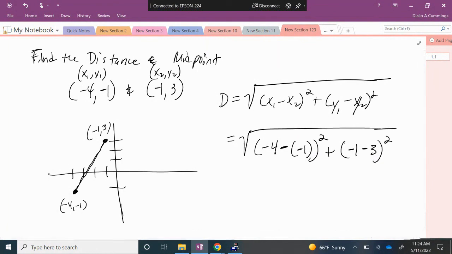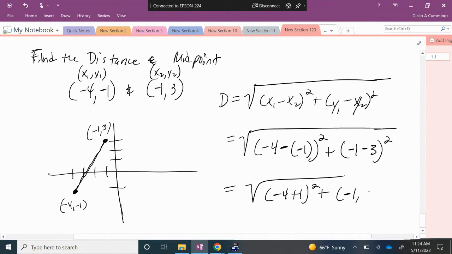Remember from our rules for sign, a double negative is a positive. So I'm going to rewrite this as (-4 plus 1) quantity squared plus (-1 minus 3) quantity squared. The only thing I did here was make the double negative a positive.